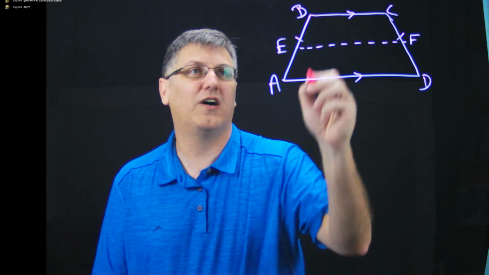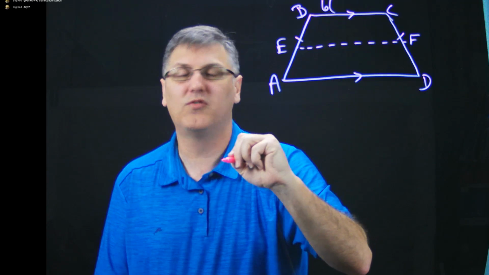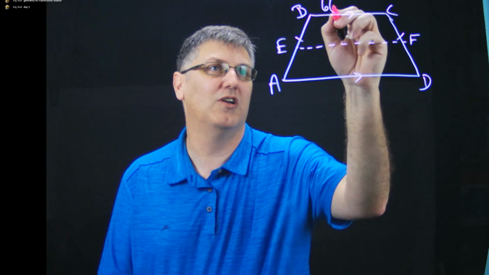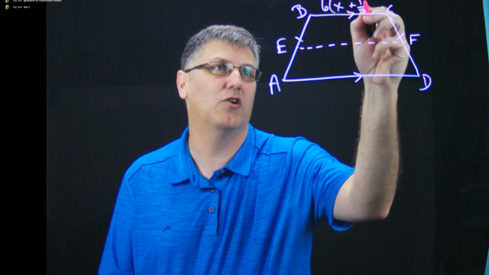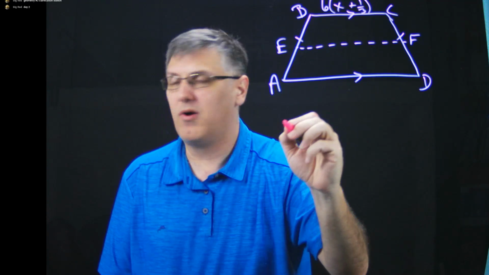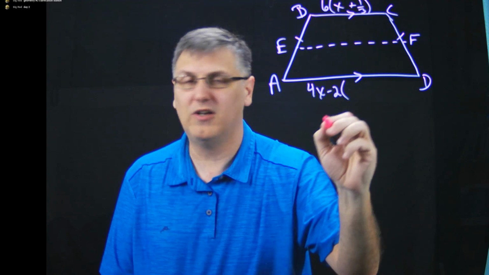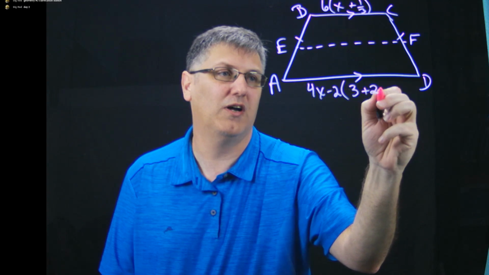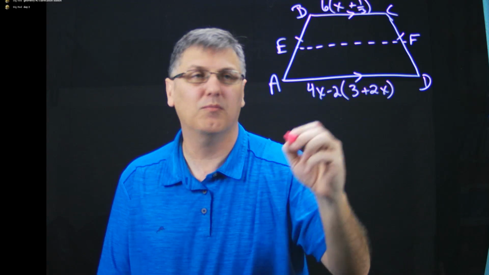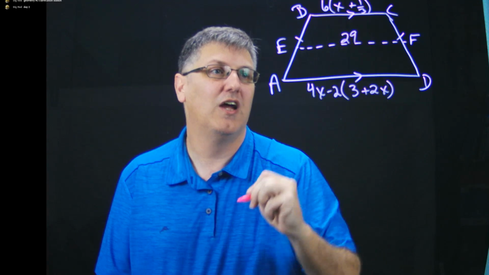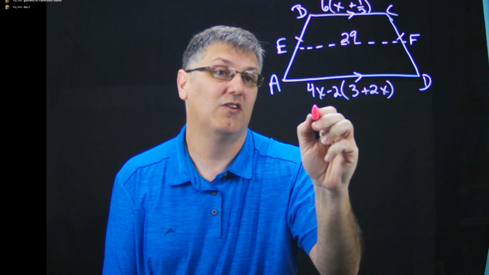And then in the picture, on the top I have 6x plus 1/3. On my bottom, I have (4x minus 2)(3 plus 2x). And I tell you the mid-segment is 29. And I basically ask you to find x.